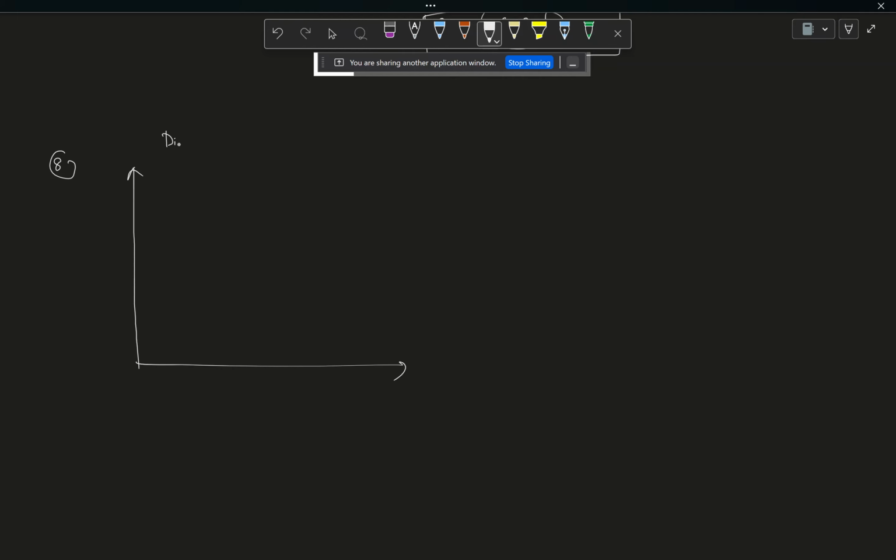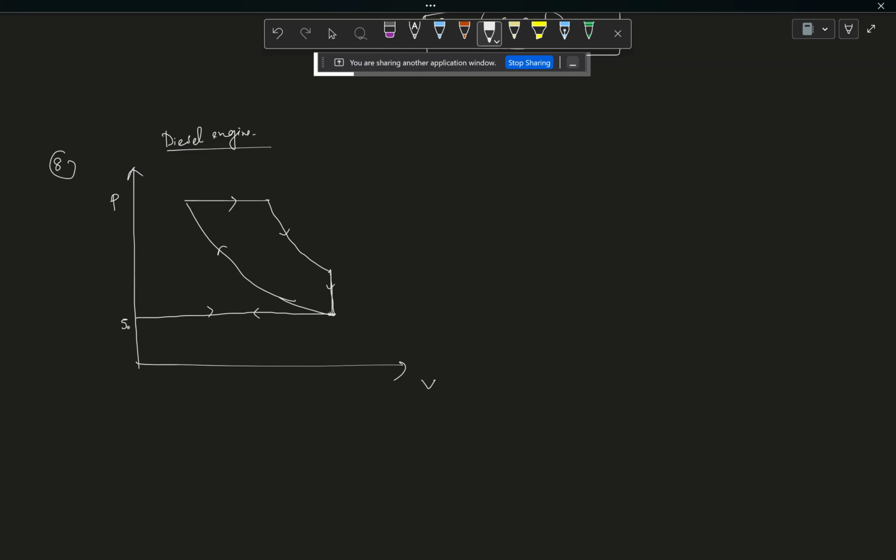So this is for a diesel engine, where this is a PV diagram. The drawing may not be very accurate, just take the idea. It's going like this.